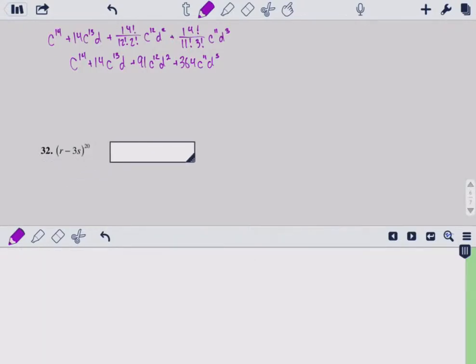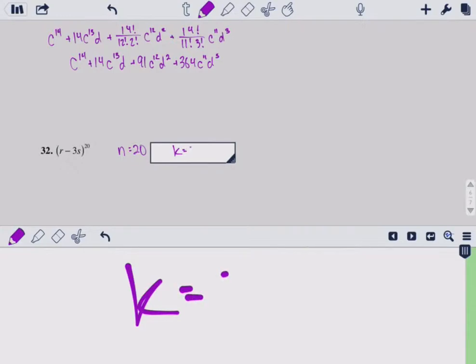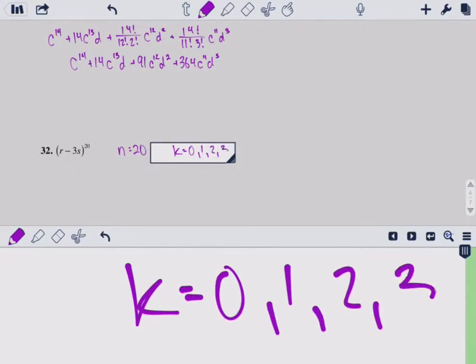Okay, again, n is equal to 20. K is equal to 0, 1, 2, and 3.